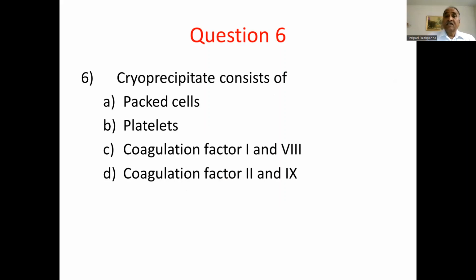Question number 6. Cryoprecipitate consists of... I tried to search in Guyton and Ganong. It is not there in Guyton and Ganong, and it is there in Khurana. Cryoprecipitate consists of: A, packed cells; B, platelets; C, coagulation factors 1 and 8; D, coagulation factors 2 and 9.